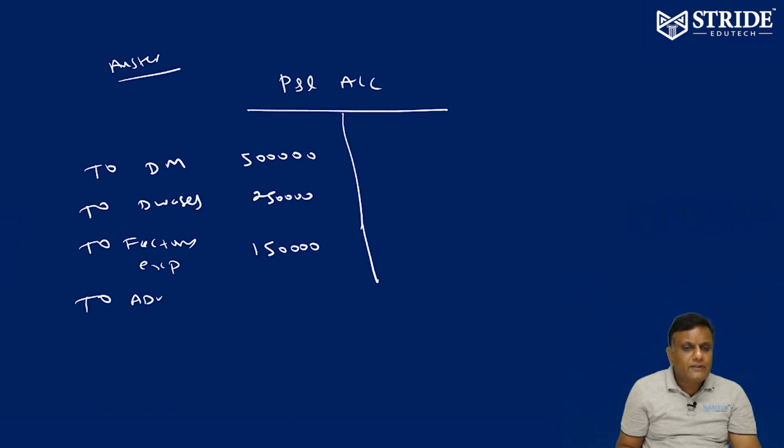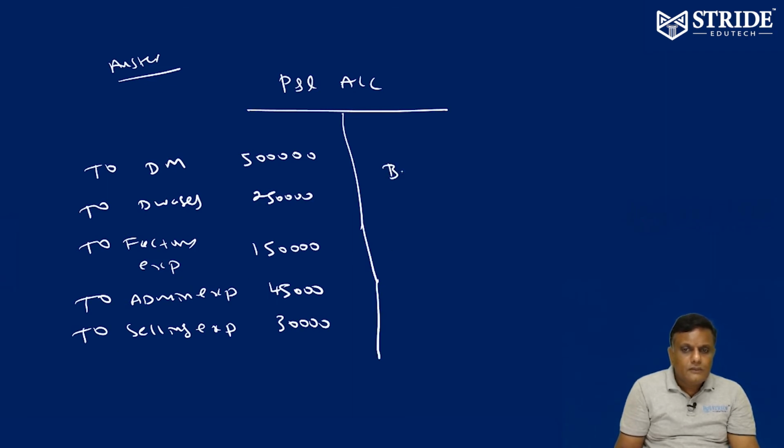Similarly, admin expenses, actual you can take: 45,000. Selling expenses, actual you can take: 30,000. By sales, it is given for 50,000 units, 10 lakhs.